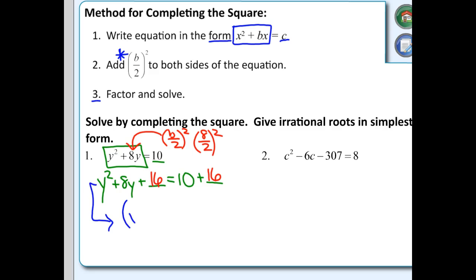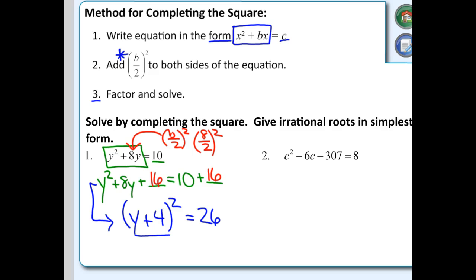It's going to be y plus 4 squared equals, and then 10 plus 16 is 26. So we took something and forced it to become a binomial squared, we factored it, and now we just do what we did last night to solve these equations. Well, what do I need to do?